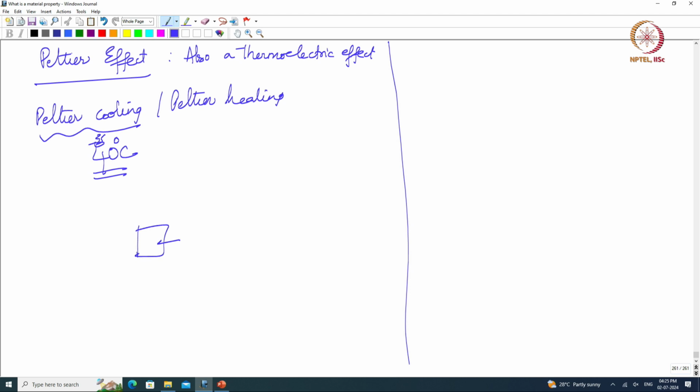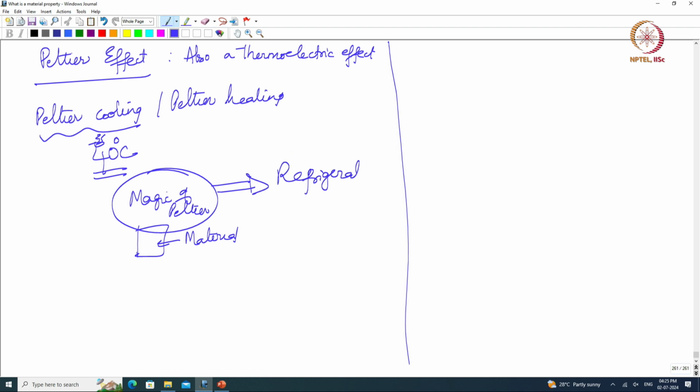So I have my material, or I have something to be cooled. I do the magic of Peltier, and I recreate refrigeration. So I can cool down my material by doing this magic of what I am going to explain right now. It's not magic, but I am just transporting out heat. So I have a material and I am transporting heat out of this material and putting it out through my Peltier heat pump.